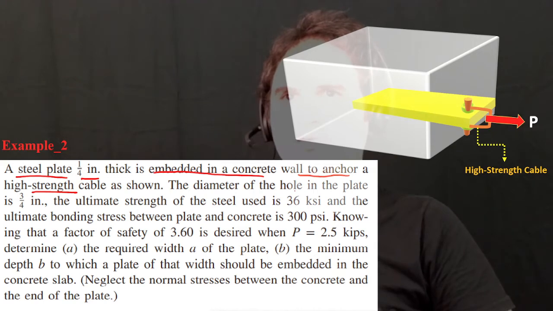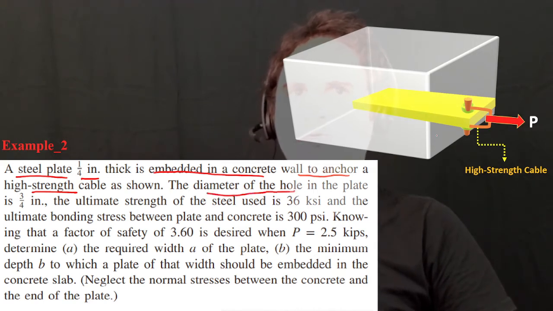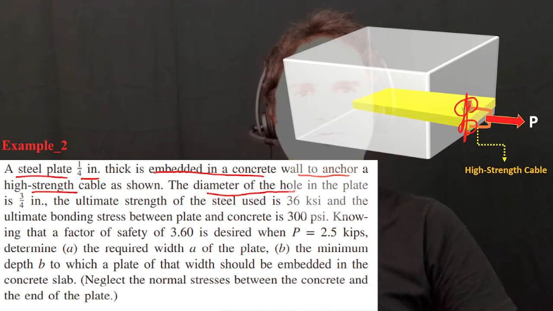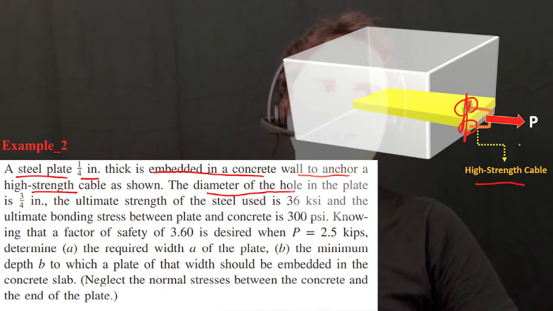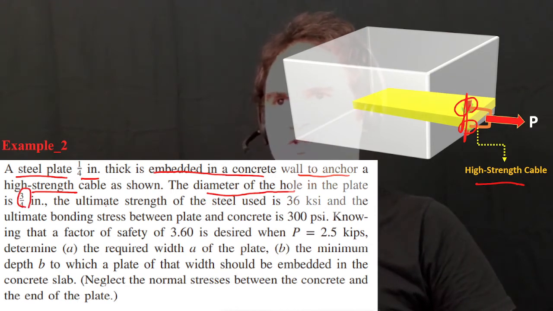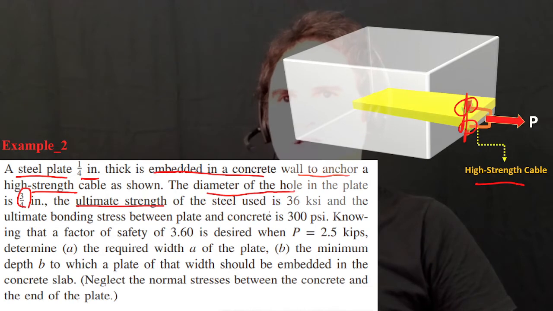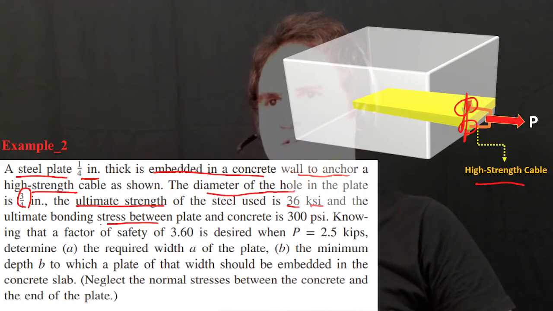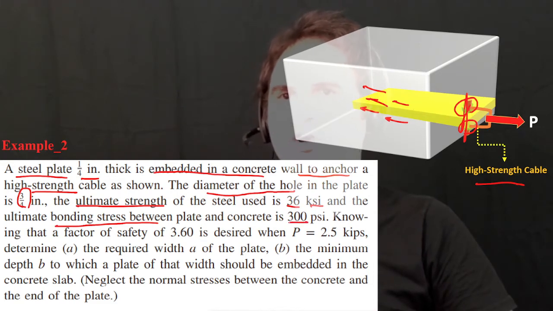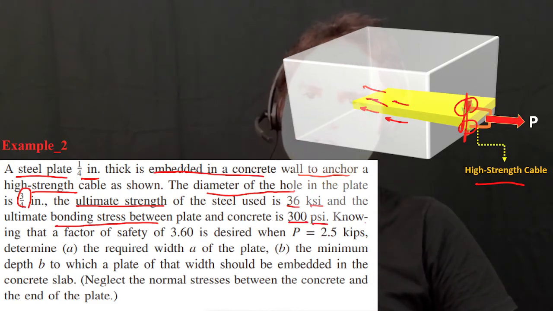There is a hole inside the plate which can have a pin inside it to connect the high strength cable for pulling, which has a diameter of 3/4 of an inch. The ultimate strength of steel is 36 ksi, and the ultimate bond stress between the concrete and the steel plate is 300 pounds per square inch.